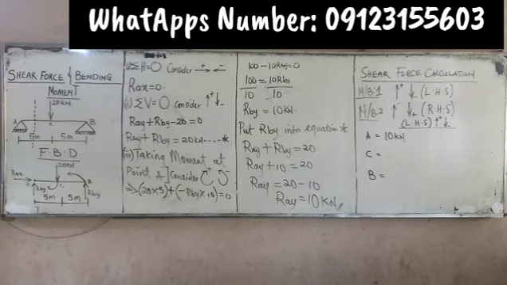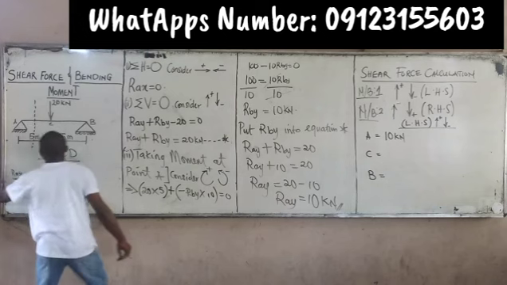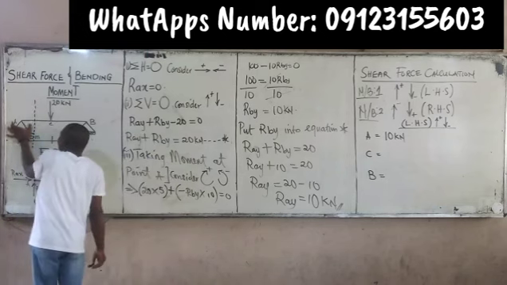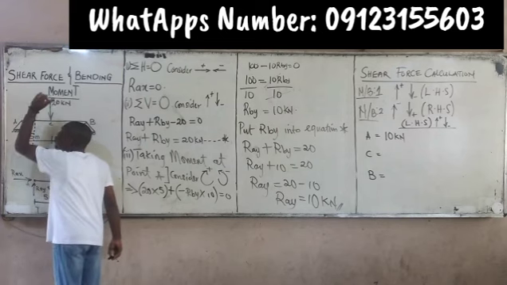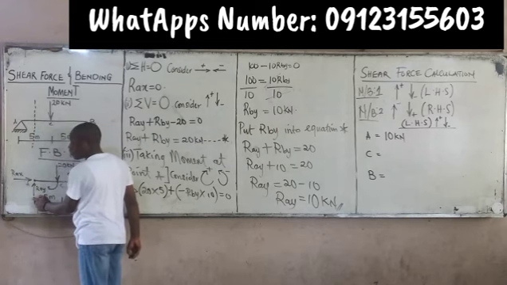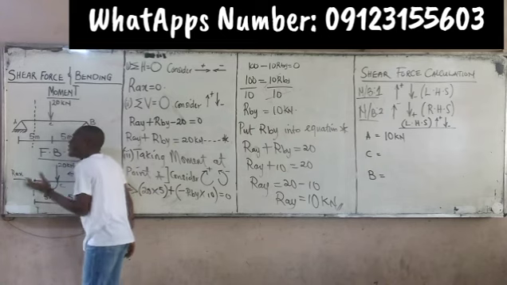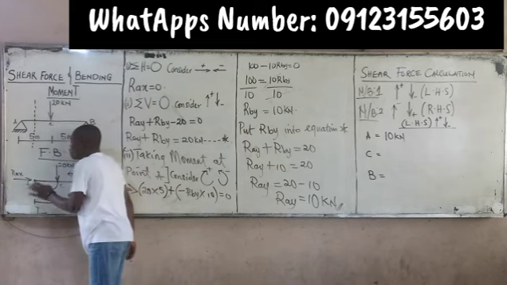Listen, your first start is section A. Now we're moving like this. If you section A, which force are you seeing here? I'm seeing only an upward force, which is RAY. Is it facing up or down? Obviously, facing up.